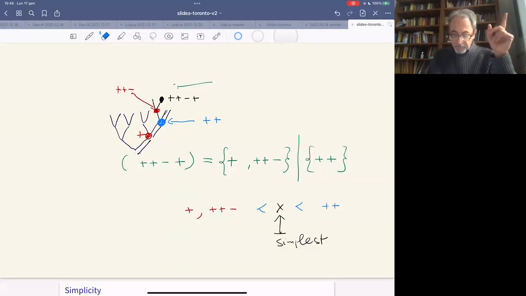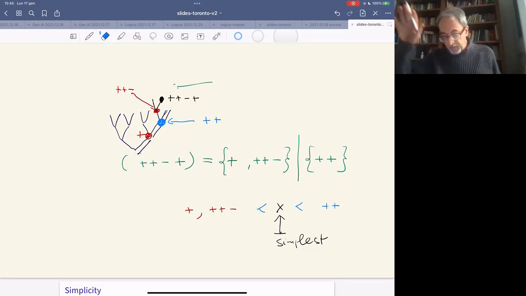Why is it smaller than the blue? It's smaller than the blue because it's a descendant of the left child of the blue, but it's bigger than both red ones because it is a descendant of the right child of the red.